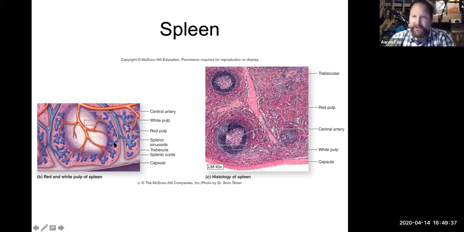In these structures, you're going to find all those stored red blood cells that are waiting to enter the bloodstream when they're called upon. So if you look right at the very center, you're going to have a central artery surrounded by a germinal center, B cells, macrophages surrounded by T cells. Outside of that, you're going to have red pulp associated with splenic veins for the storage of red blood cells that can be added to the circulatory system should the need arise.